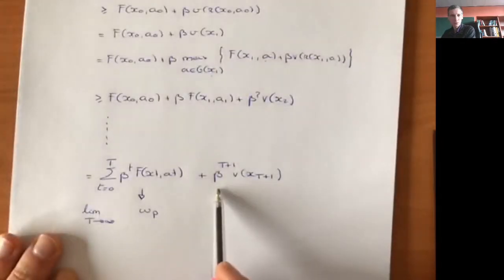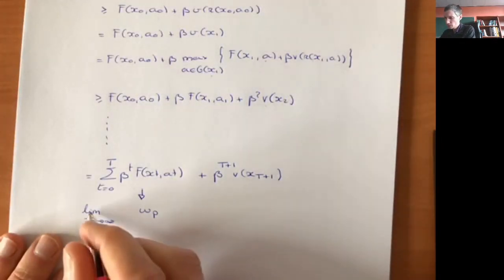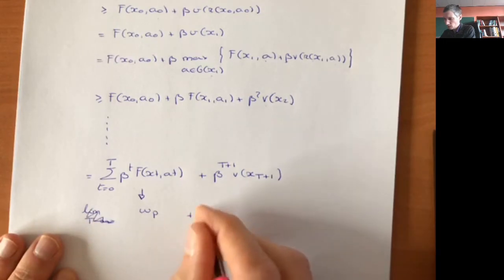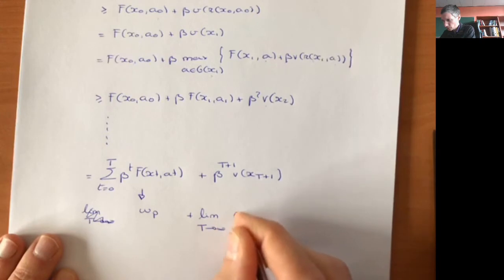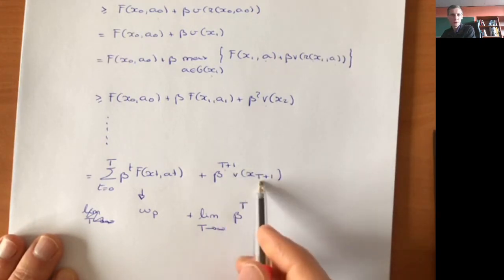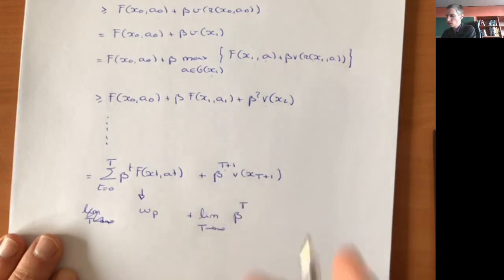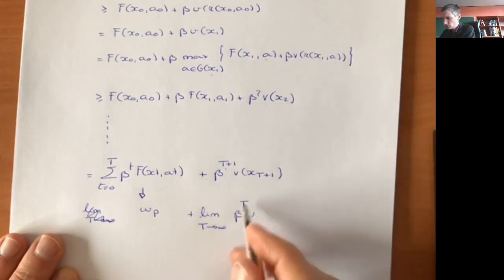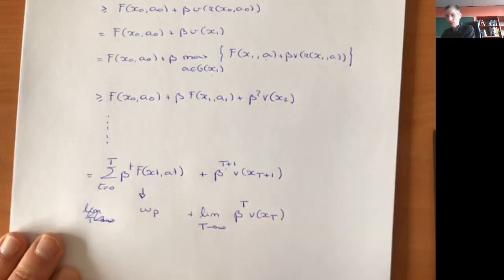except that now we're stuck here with the remainder, and the remainder will be the limit for t going to infinity of beta to the power t plus 1, but if I take the limit to infinity, t plus 1 or t, they both go to infinity. So I have beta to the power big T of v of xt.